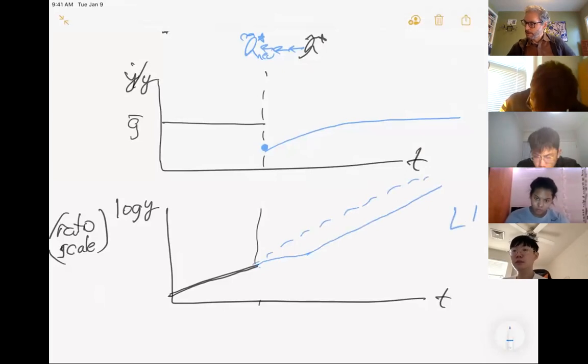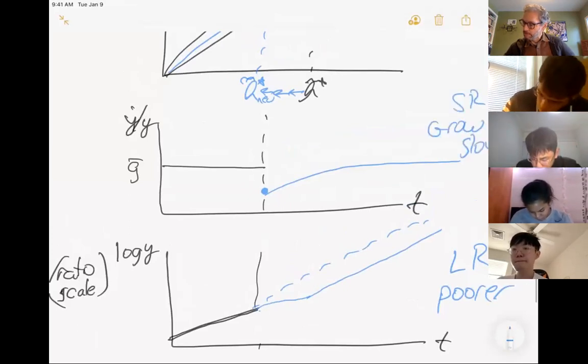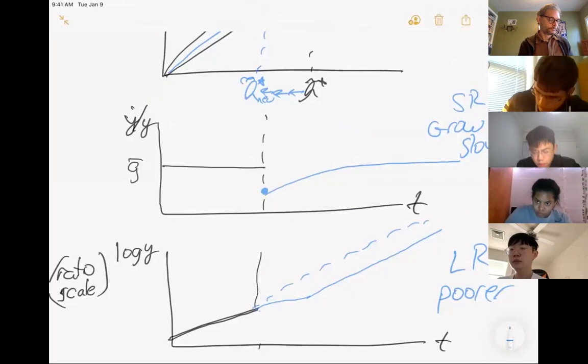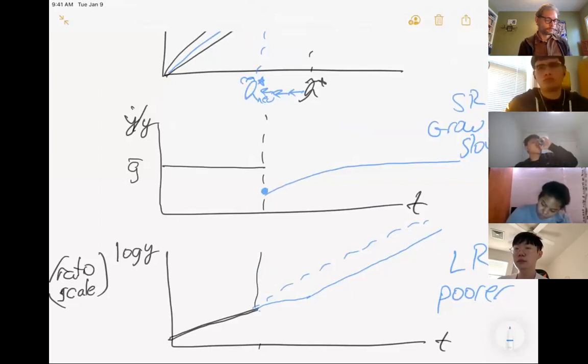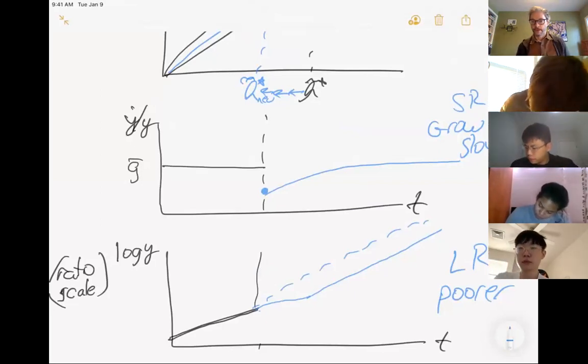So in the long run, we're poorer on a per capita basis. In the short run, we grow slower. Okay, does that make sense to everybody?